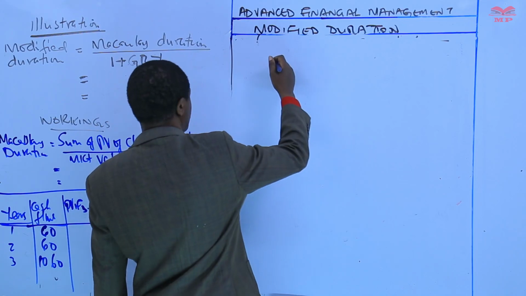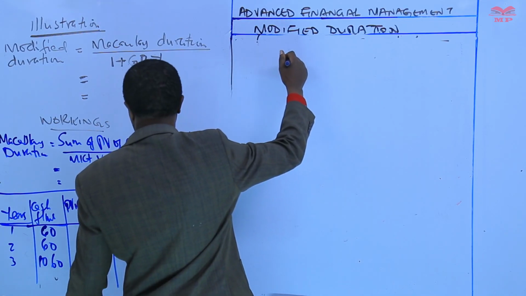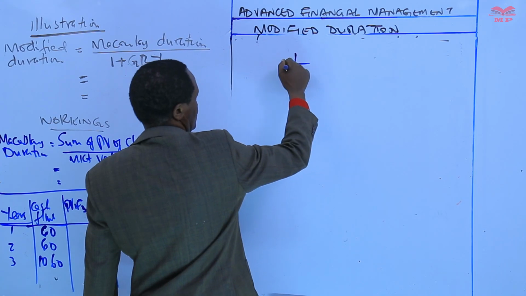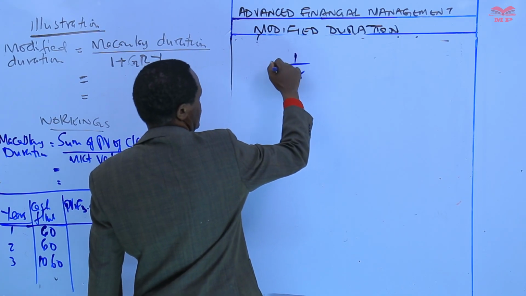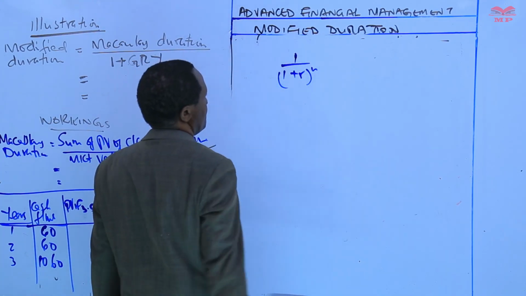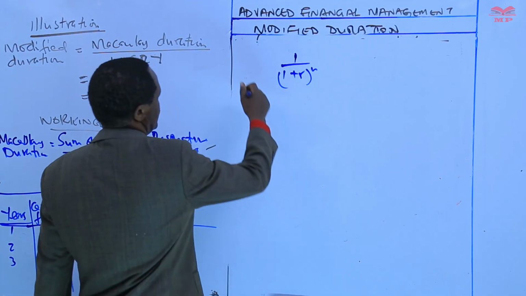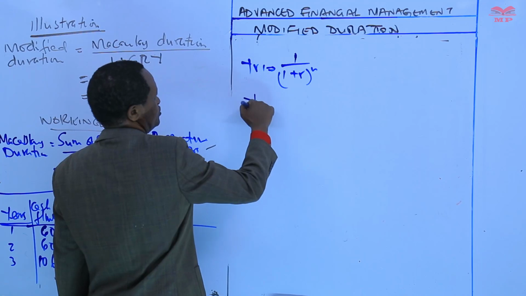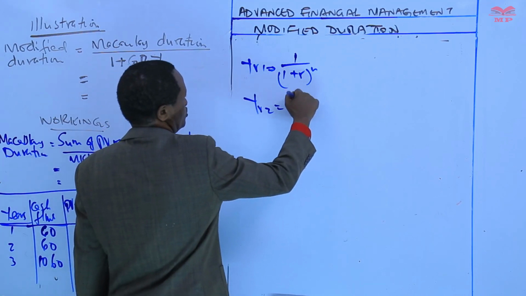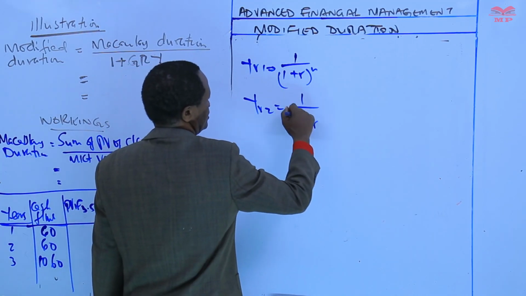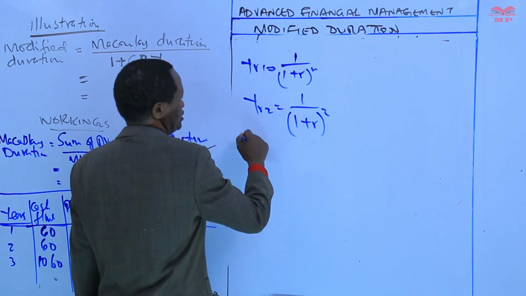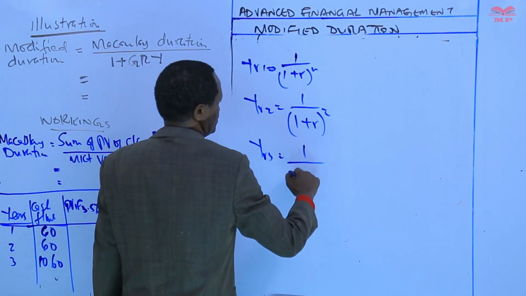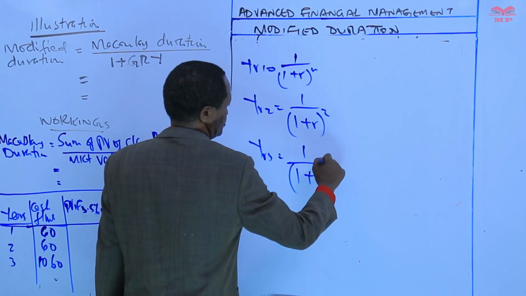The factor will be equal to 1 over 1 plus R raised to N. For year 1, year 2 will be equal to 1 over 1 plus R raised to 2. Year 3 will be equal to 1 over 1 plus R raised to 3.